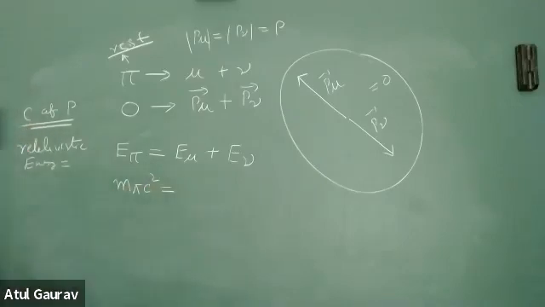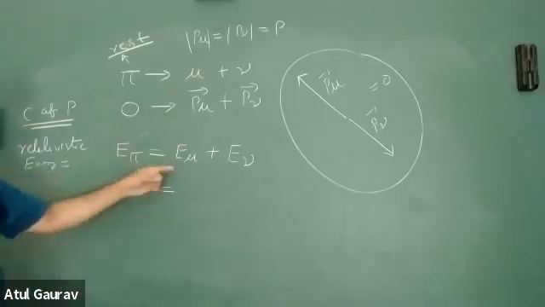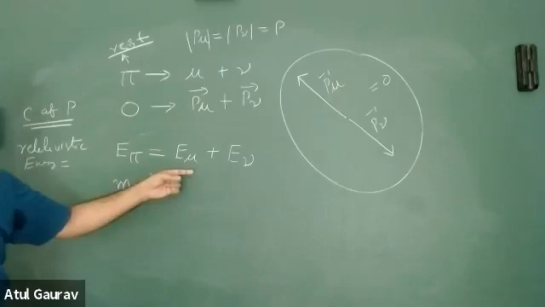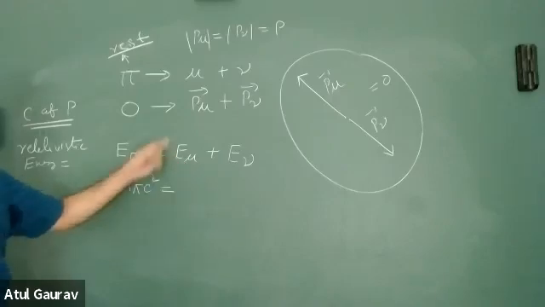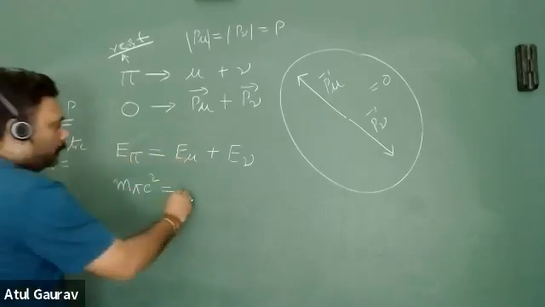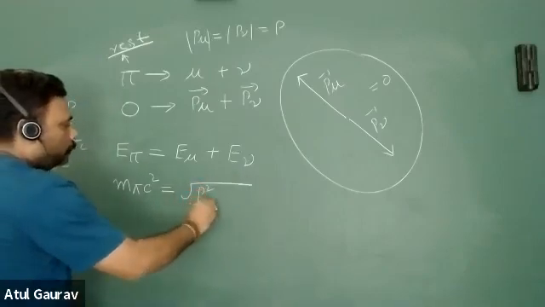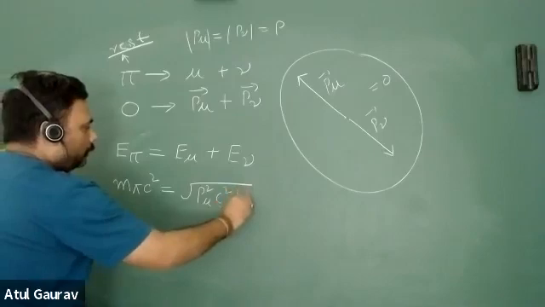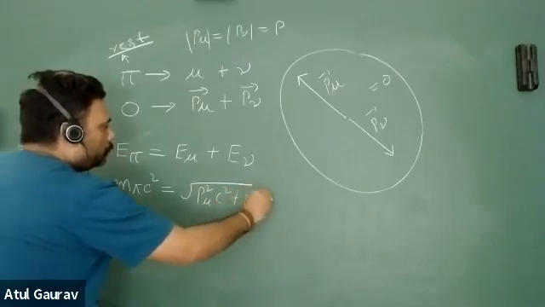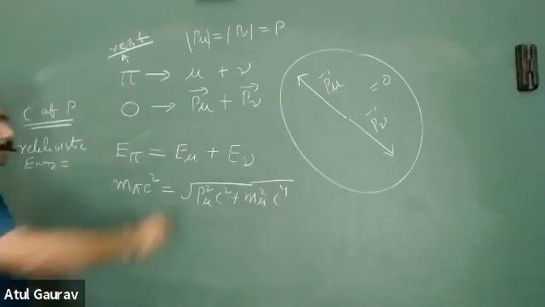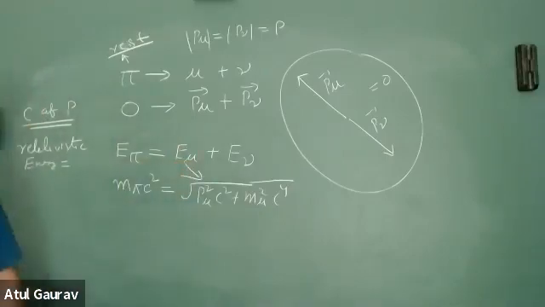And here for the muon, it has not only rest mass, it has momentum as well as rest mass. So what will be the energy of the muon? The total energy is the square root of P mu square C square plus M mu square C4. This is for the muon.